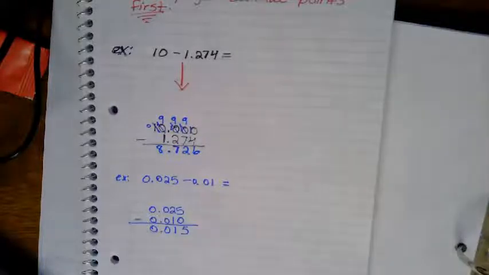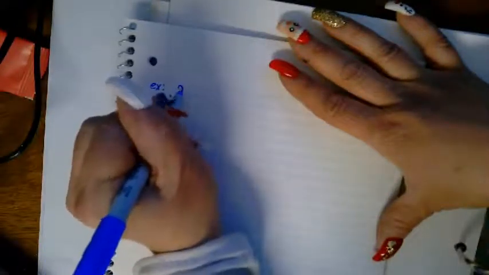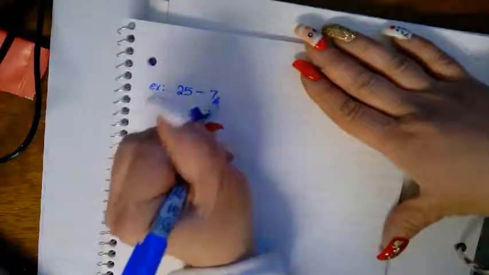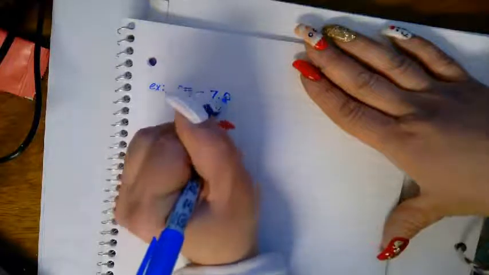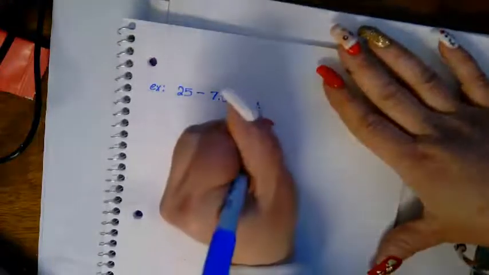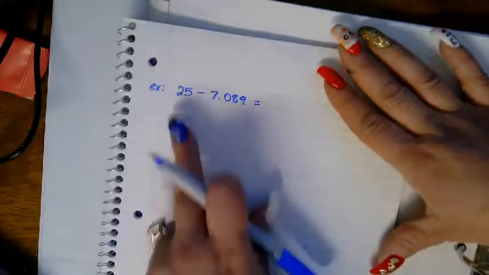Okay, so let's do another whole number because those can be tricky. Let's do 25 minus 7.089. How about that? So we get to set this up where this one's easier because our whole number's in the front.